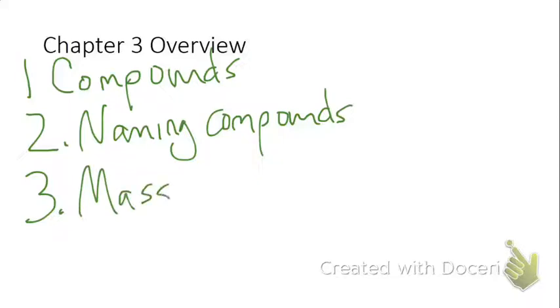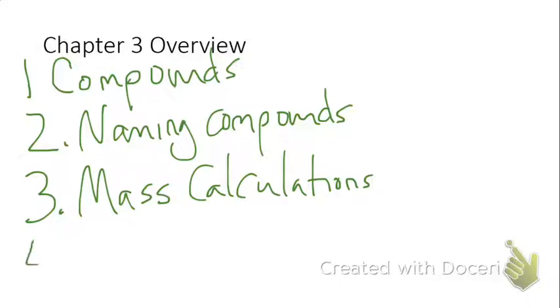We're also going to learn a variety of different mass calculations. Things like how to calculate formula mass or molecular weight, how to calculate mass percentages, how to use mass or percentages to determine a formula of a compound.